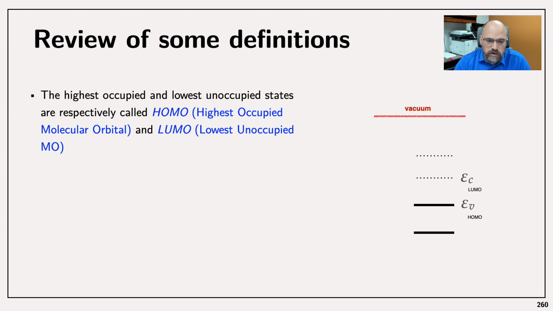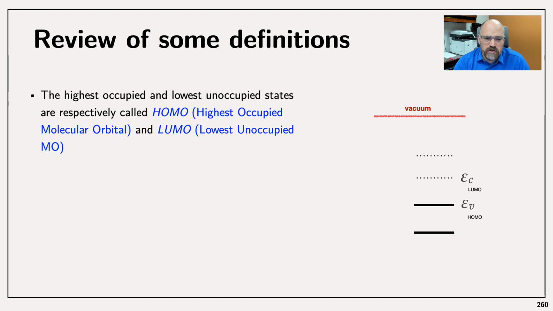In chemistry, we would call it the HOMO, the highest occupied molecular orbital, which is exactly what it means, and the LUMO, the lowest unoccupied molecular orbital. In the literature, you see HOMO and LUMO used sometimes for solids as well, even though strictly speaking they only work for molecules.